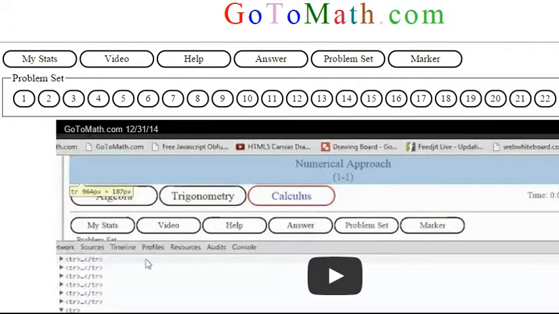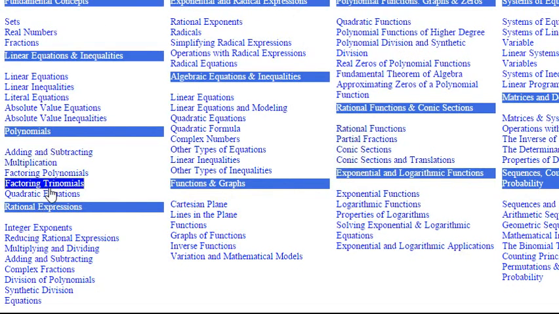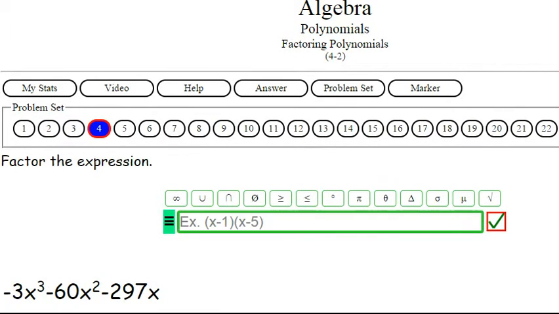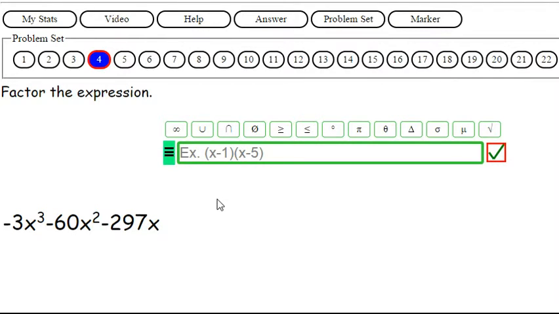We're over here at gotomath.com, click on algebra. Let's go down to factoring polynomials, and we're looking at 4.2. So I'm going to need to write this down.